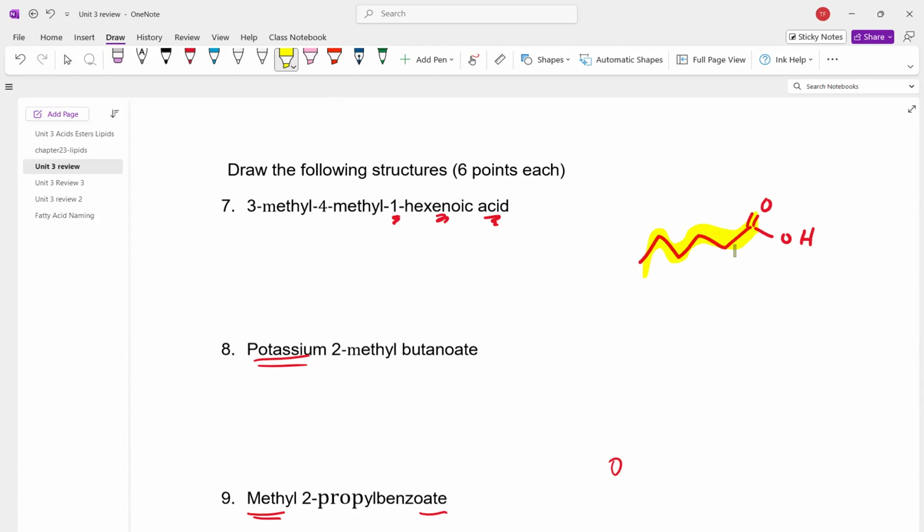And we've got a branch, 2 branches. At 1, 2, 3, and 4. Okay. So if you saw this structure here, okay, that says it's at a double bond at carbon number 1. Okay, so if you saw this structure, what would you do?